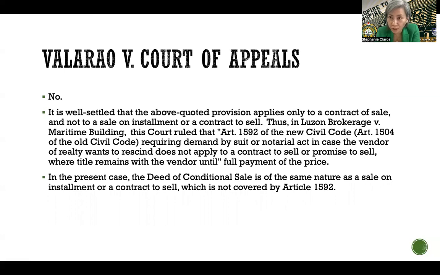So the deed of conditional sale executed by the parties is of the same nature as a sale on installment or a contract to sell, which is not covered by Article 1592. So take note of the application of 1592 regarding rescission by notarial act.